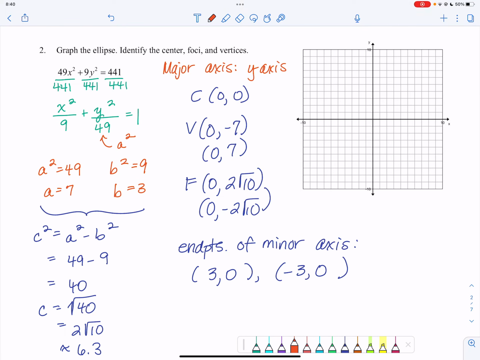Okay, so let's go ahead and get these plotted. We have a center of 0. Our vertices are (0, -7) and (0, 7). And then our foci, I'll do those in a different color, and those are about 6.3. And then our minor axis.